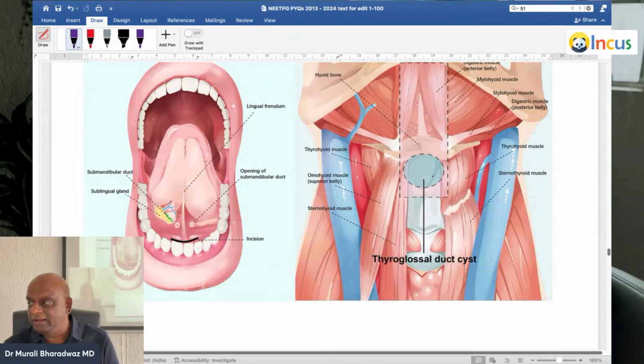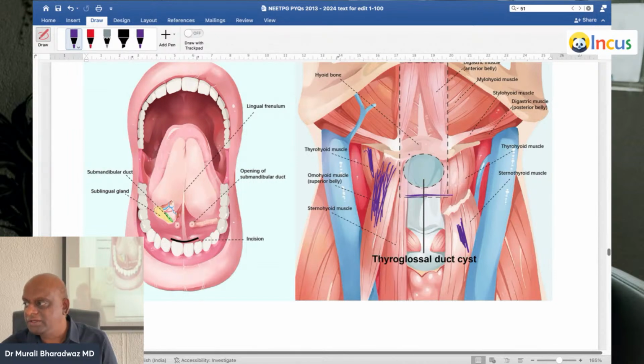So what you can see here, doctor, this is the thyrohyoid muscle, right? This is the omohyoid muscle superior belly. This is the sternohyoid muscle.